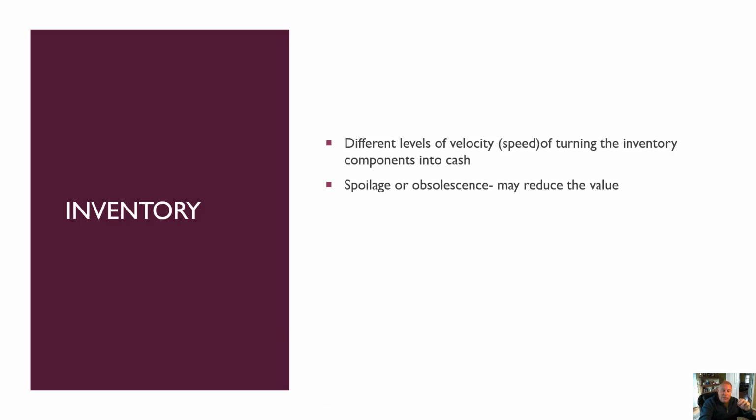And think about this. If you're looking at a company and they have an inventory, is there a risk of spoilage or obsolescence that has not yet been taken into account? Is there a risk there?